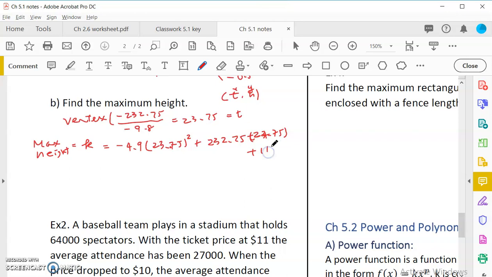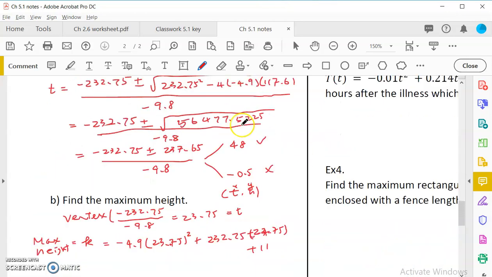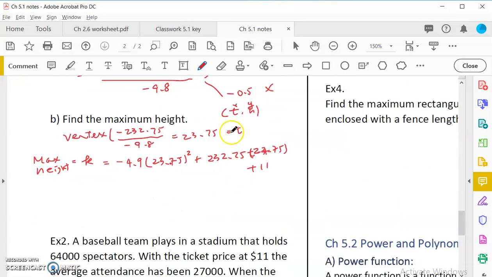Put it in the calculator. I calculated it as 2881.5 meters. So it would go up to 2881.5 meters.